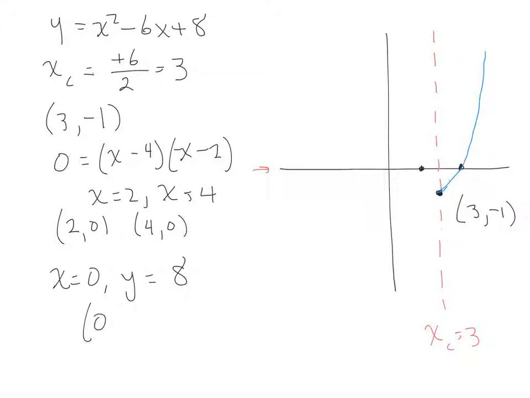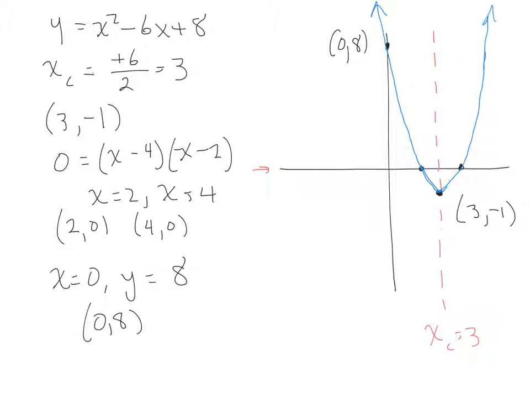So there is another point that we can sketch, 0, 8. That's going to be somewhere up in here. And that's going to fit fairly well with what we've sketched. And let's finish sketching the other side of this parabola. And so it's going to look something like that. And off it goes, and this one in that direction.